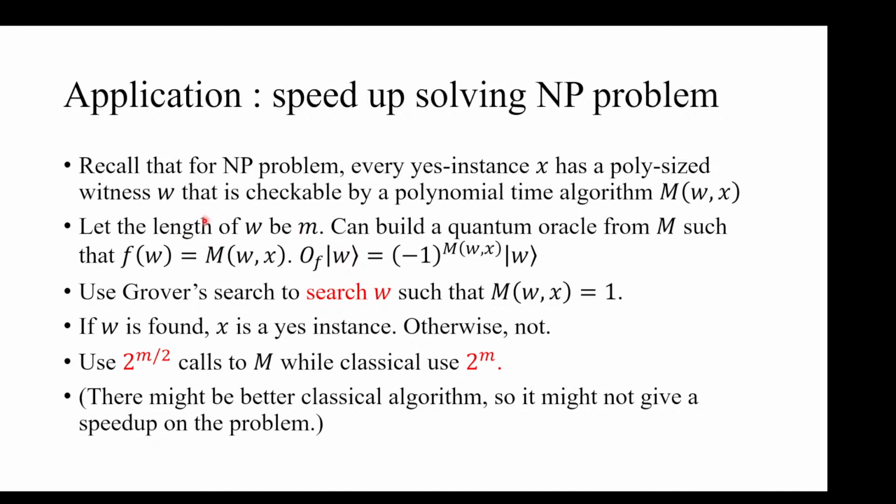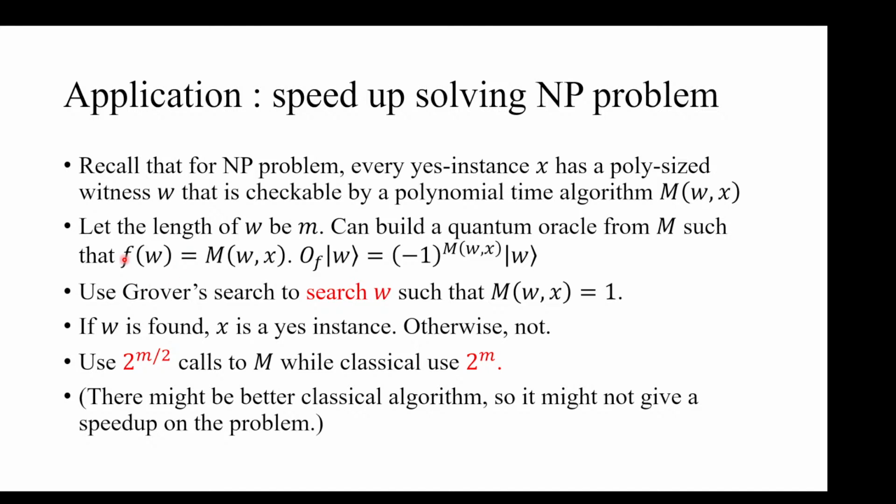Let's say the length of w is n. Because M is just a polynomial time classical algorithm, you can always build a polynomial time classical algorithm into a quantum algorithm. Then we just call the quantum algorithm an oracle. So you can have a quantum oracle for M, such that it does what a quantum oracle does.